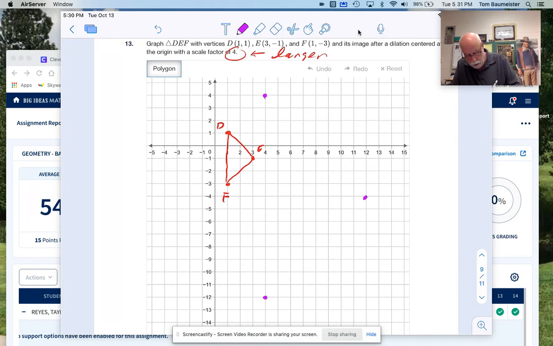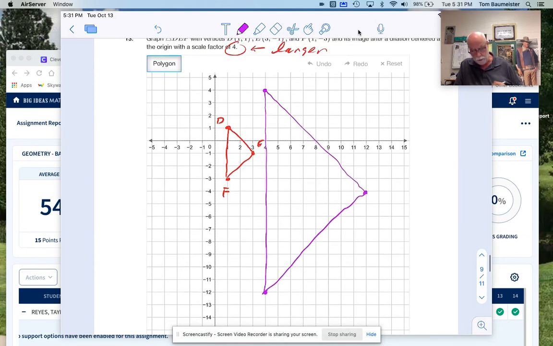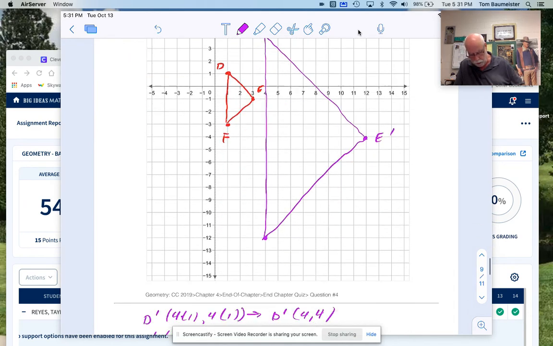And again, connect your dots. Sorry, that one's a little too far. I'm sure once you connect them, it's going to stop it. There's D prime, E prime, and F prime.